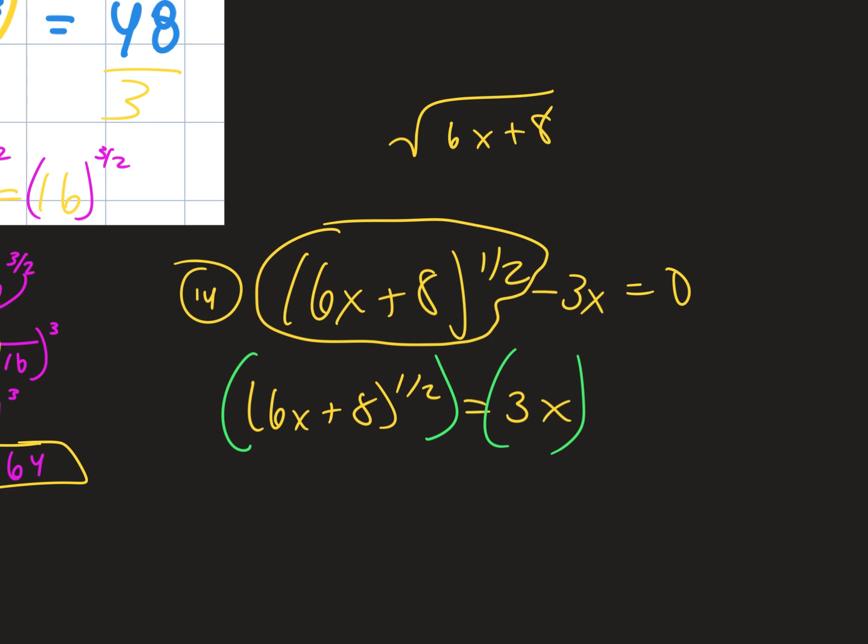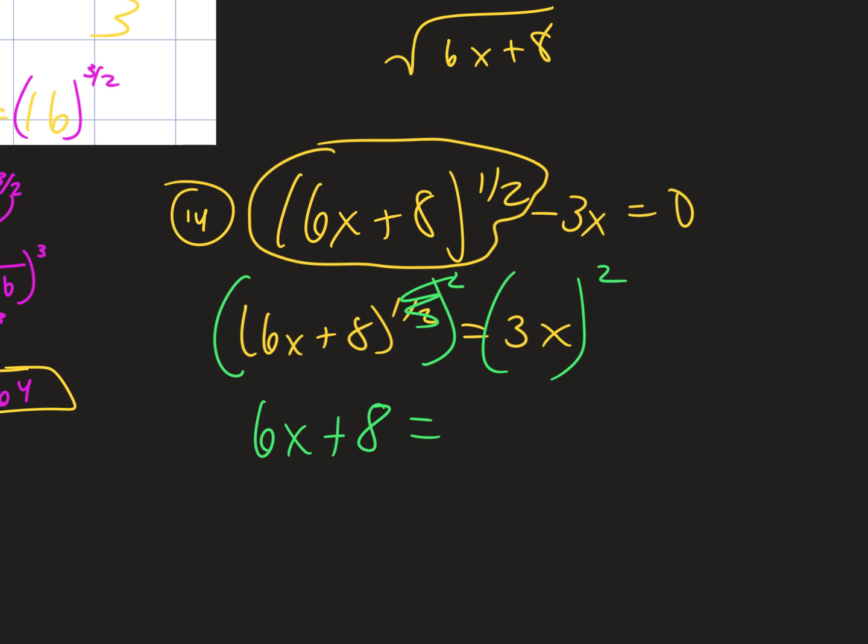I would multiply by 2 over 1, or raise it to the second power. So I have 6x plus 8. Where does that exponent of 2 go? To the 3 and to the x. It's not 3x squared. What is it, guys? 9x squared. Perfect. Make sure you pay attention to that.